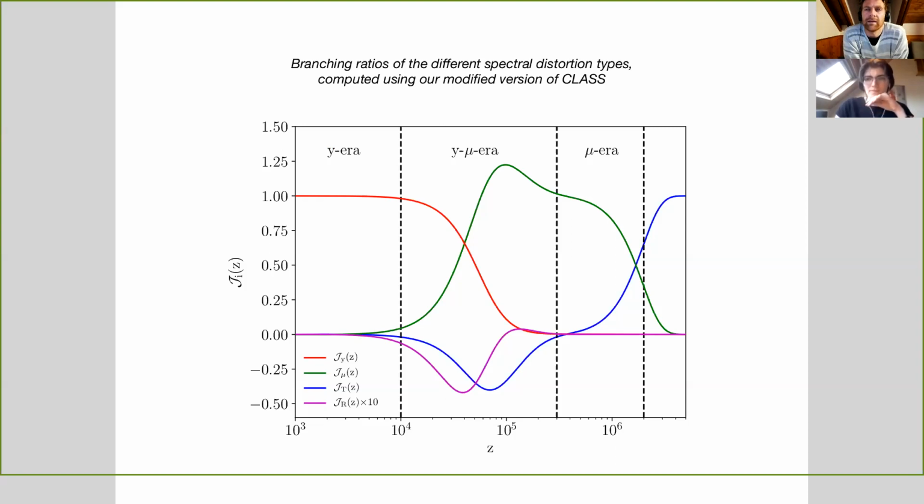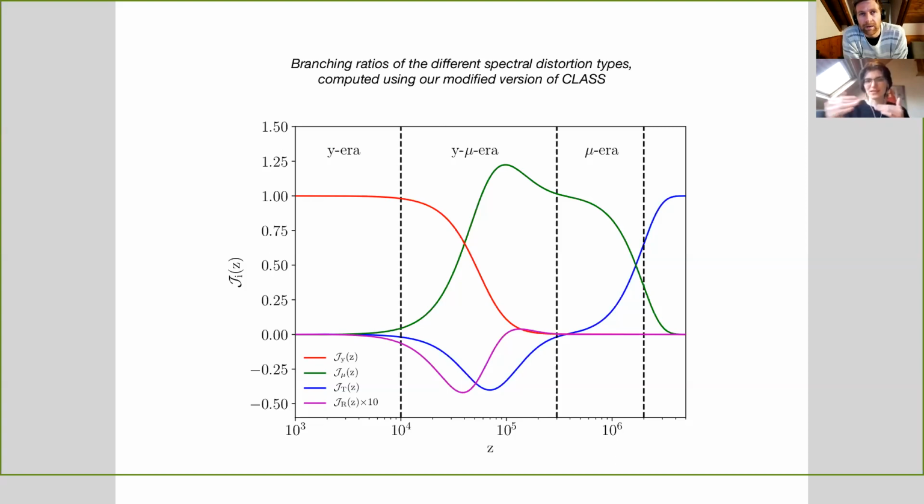Okay, and you say they add up to 1, and then some of them are greater than 1 at the same time as others are less than 1. I guess for the normal branching ratio, that would just be a physical impossibility. But here, as you said, it's not the same sort of meaning of branching ratio. Yeah, it's not the same, because you can have some things injecting energy and some subtracting energy from your background medium.